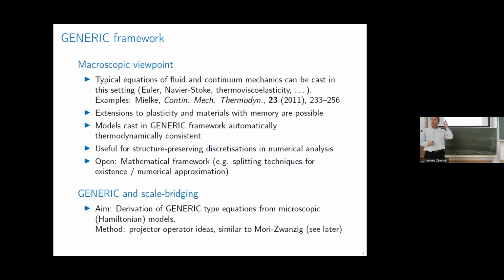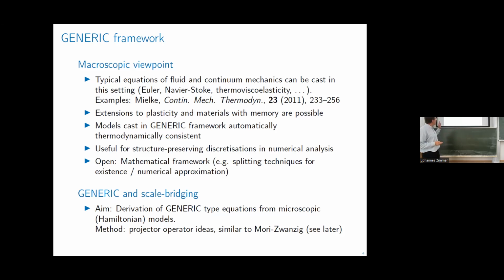But for example, the Euler equation, Stokes, elasticity, thermoviscoelasticity can all be cast in this framework. A very nice article by Alex Mielke in CMT writes down the generic form for many, many different equations. And one benefit is, if I can write something in generic form, I know automatically the system satisfies the laws of thermodynamics. Entropy is monotone.